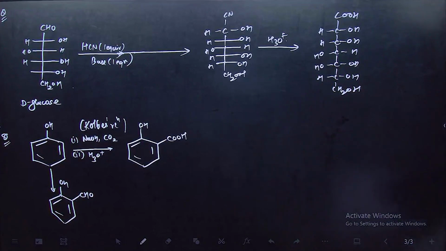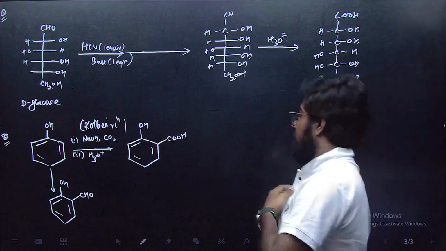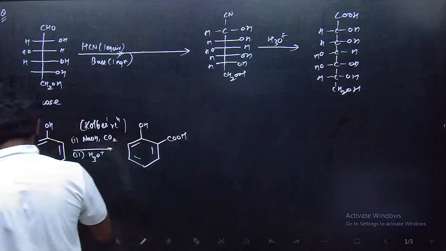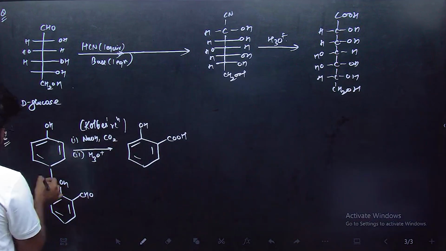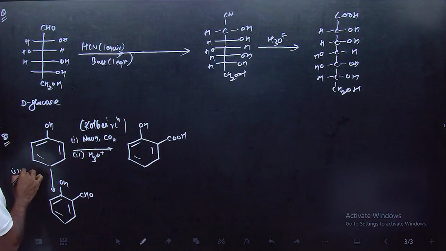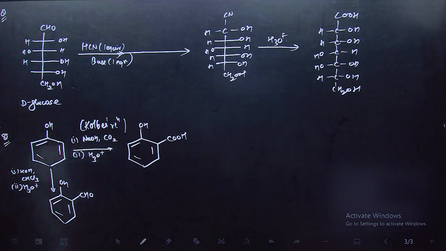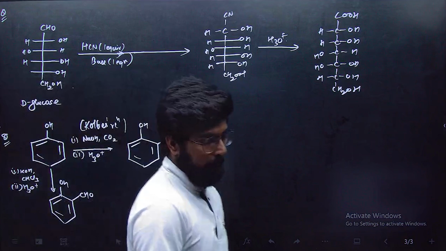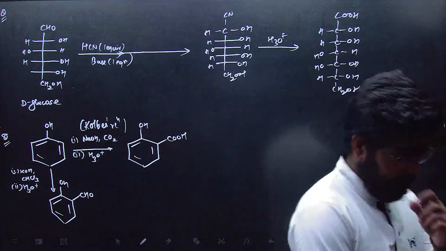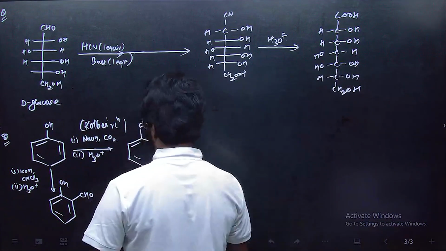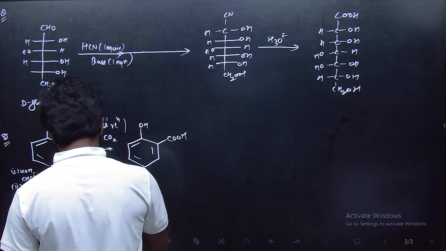Any base will do theoretically. Reimer-Tiemann, nice. And in that case, if you use KOH suppose, and along with it you need to use chloroform CHCl3, second you have to hydrolyze obviously, then you get this, right? So this is Reimer-Tiemann.